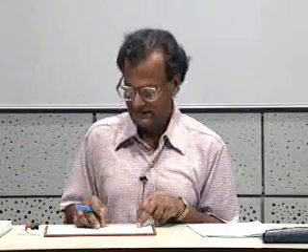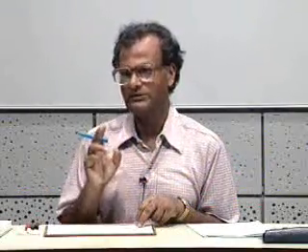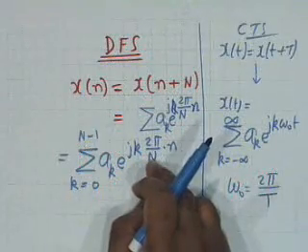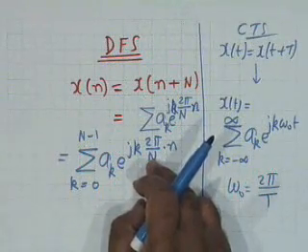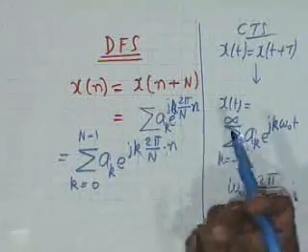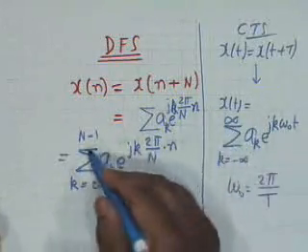The number of distinct harmonics is only capital N, including 0, DC. K equal to 0 is a DC term, that we get A0, and then you have A1 e to the j 2 pi by N. This is the interval between two successive frequencies, and then you have its harmonics, twice 2 pi by N, 3 times 2 pi by N, up to capital N minus 1 times 2 pi by N.